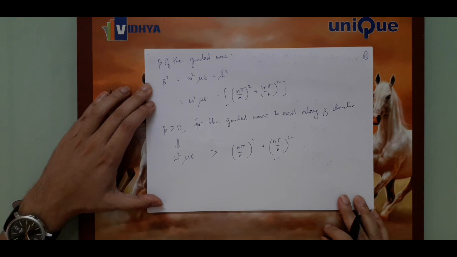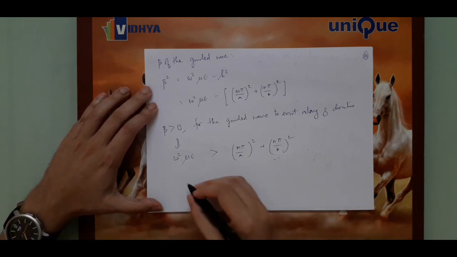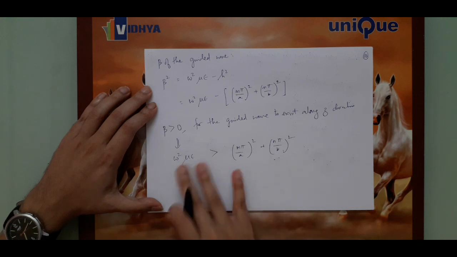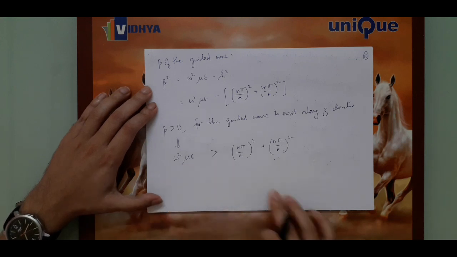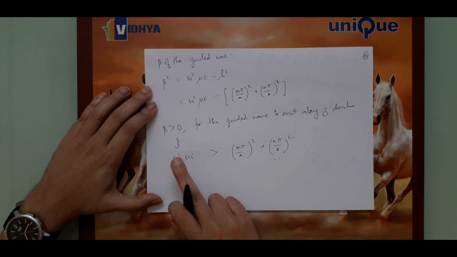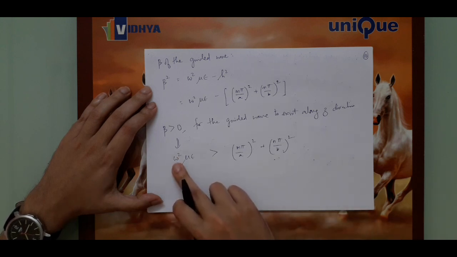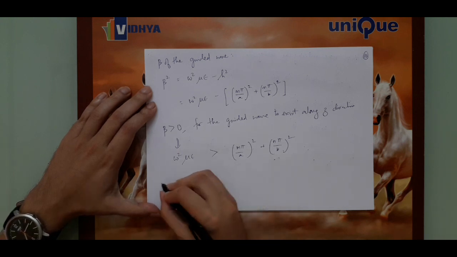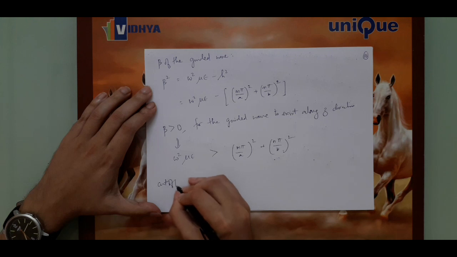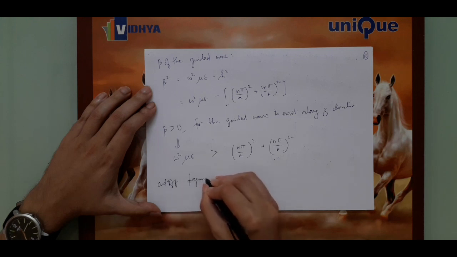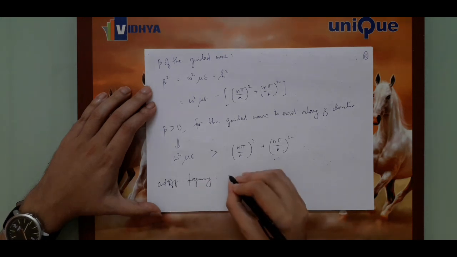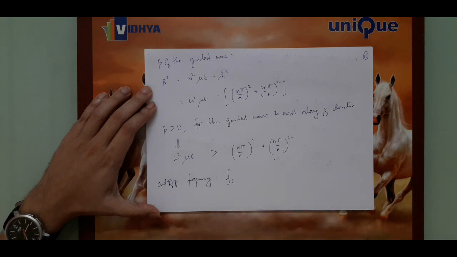That's like saying, if I define something called the cutoff frequency again, the frequency of the wave that I want to pass must be above a certain value. Let's call the cutoff frequency fc.